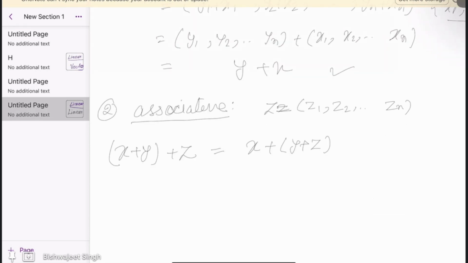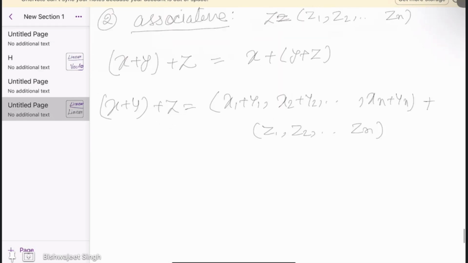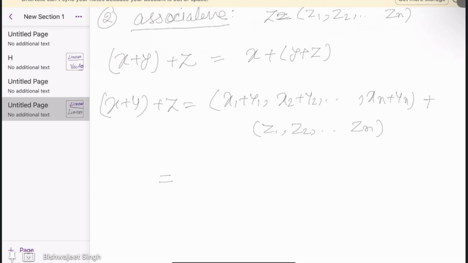This is going to be easy. x plus y is x1 plus y1, x2 plus y2 up to xn plus yn, plus z. Now with component wise addition, that is x1 plus y1 plus z1, x2 plus y2 plus z2, and xn plus yn plus zn.